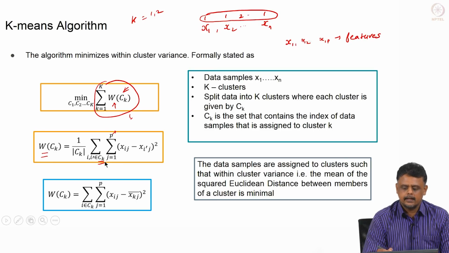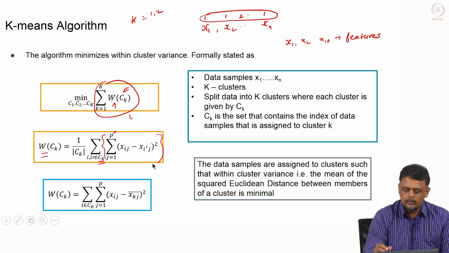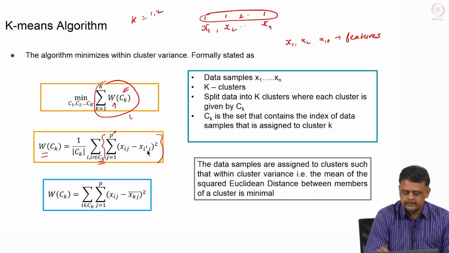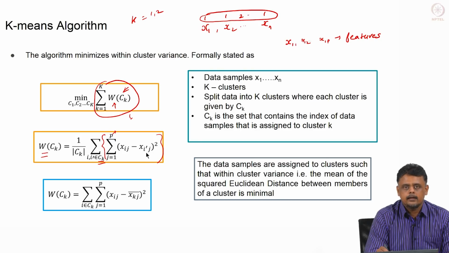Given a particular class Ck, in this summation what you are trying to do is determine the distance between xij and xi'j, where i and i' are the data point labels inside a particular cluster.